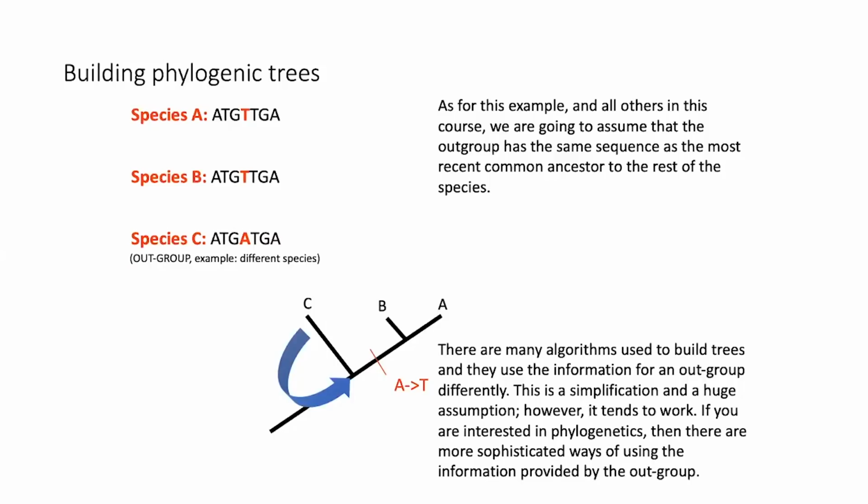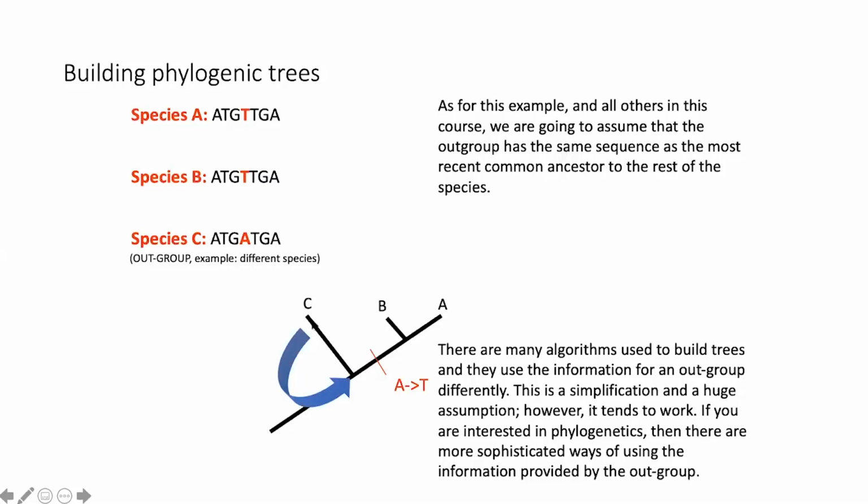So one simplification that we're going to do for this class, and that people do when they're building phylogenies, although it's not always an assumption that people make, is that when you have a polymorphism, and this red site is a polymorphic site, the sequence of the outgroup is what you set as the ancestor.